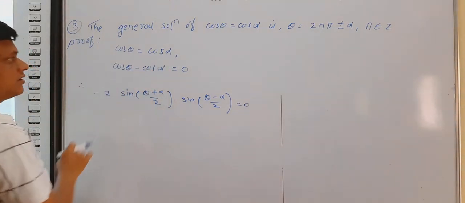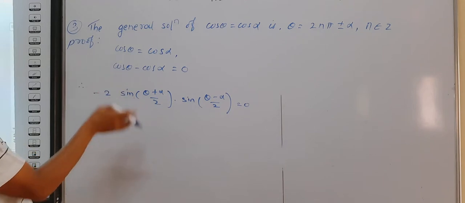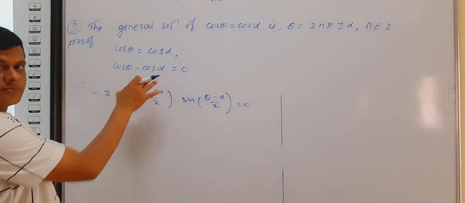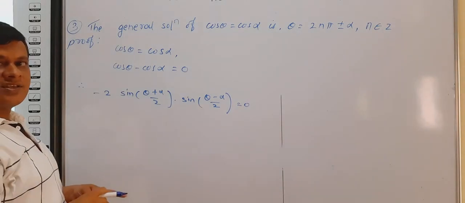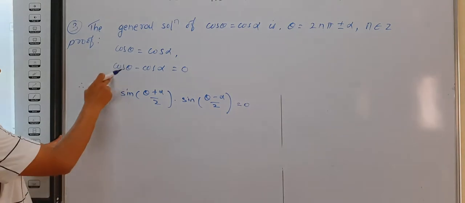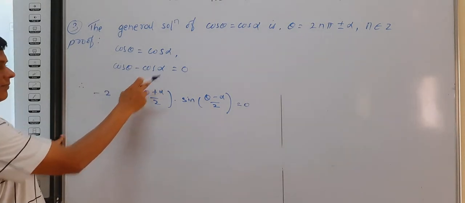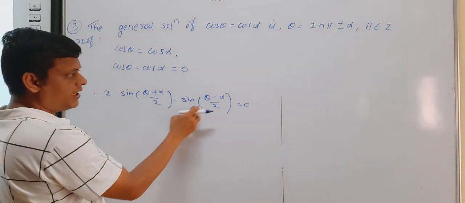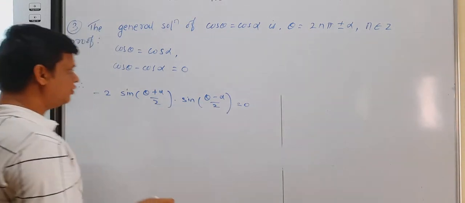Now this is of the form cos c minus cos d. So we apply the formula cos c minus cos d, that is minus 2 times sin (c plus d) by 2 into sin (c minus d) by 2. So we write here cos theta minus cos alpha as minus 2 times sin (theta plus alpha) by 2 into sin (theta minus alpha) by 2 equals 0.